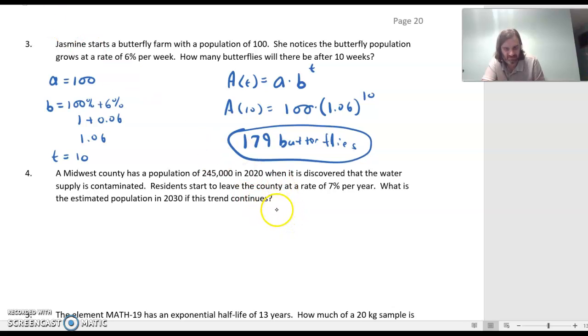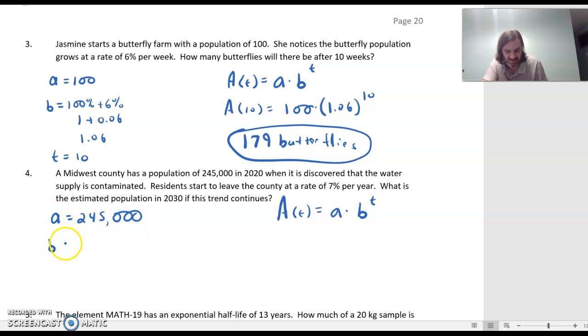So let's see here. We'll have A of t equals a times b to the t. So a would be the starting population of 245,000. For b, it says they're leaving at 7%, so that's the 100% that's there minus 7%.